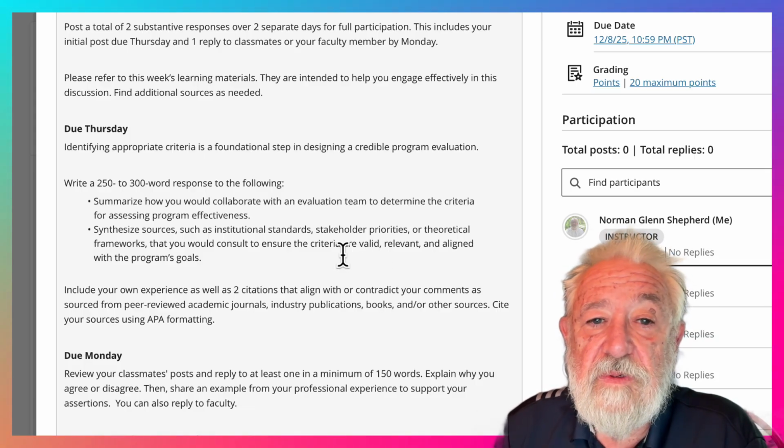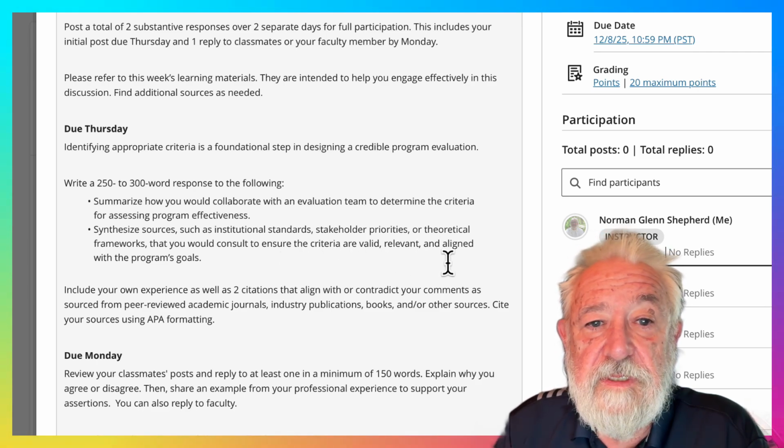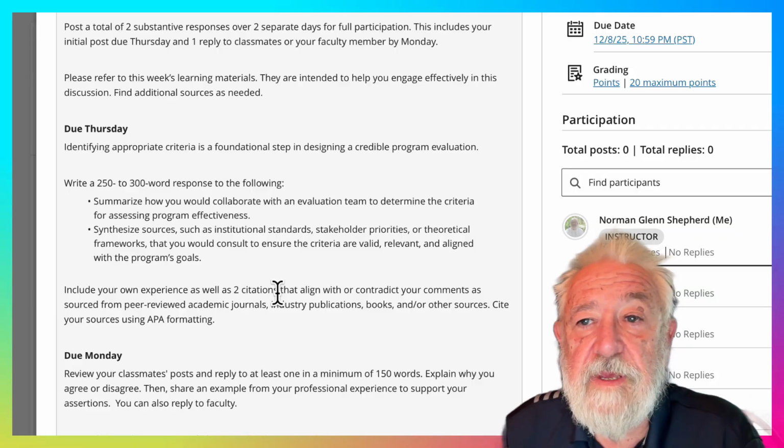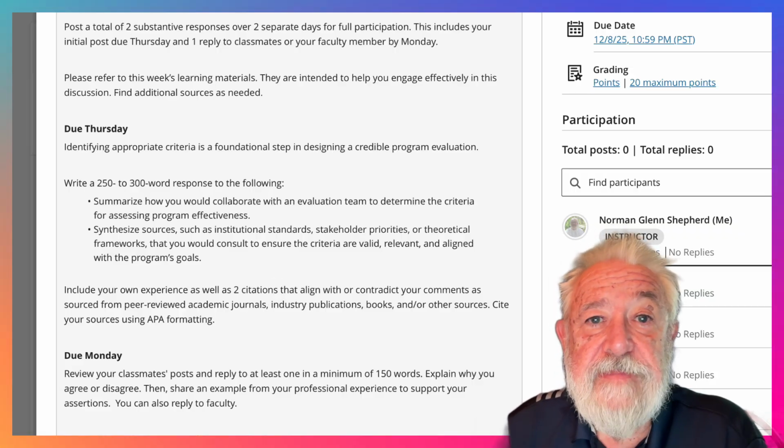Summarize, and then your sources that you would look at as far as the standards and stakeholder priorities and theoretical frameworks for looking at the criteria. Use 2 citations or so to support yourself, and then you respond to someone by Monday.